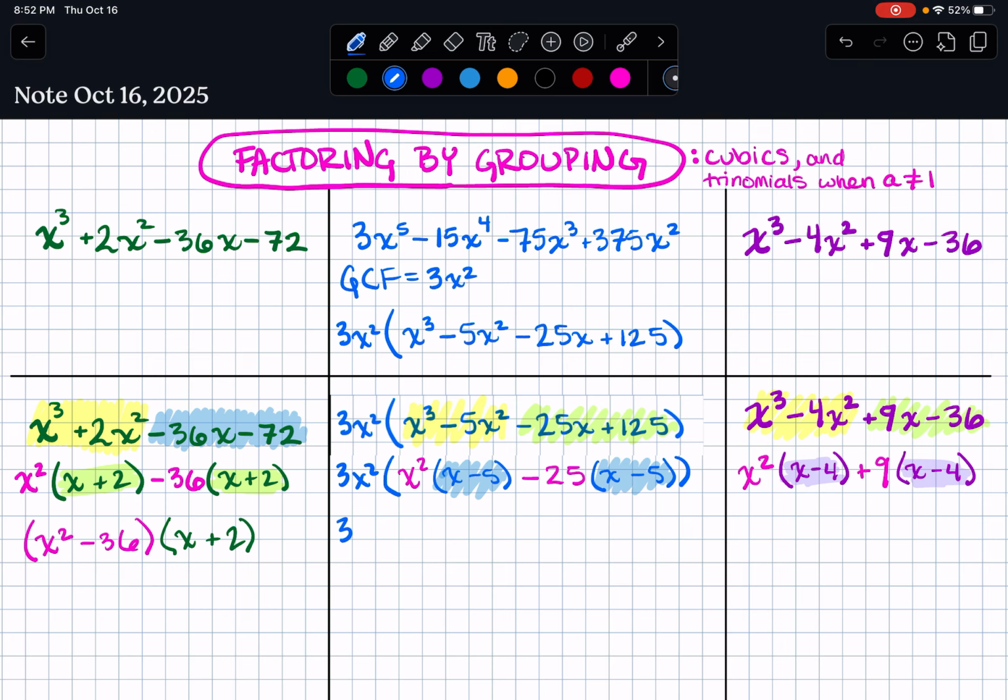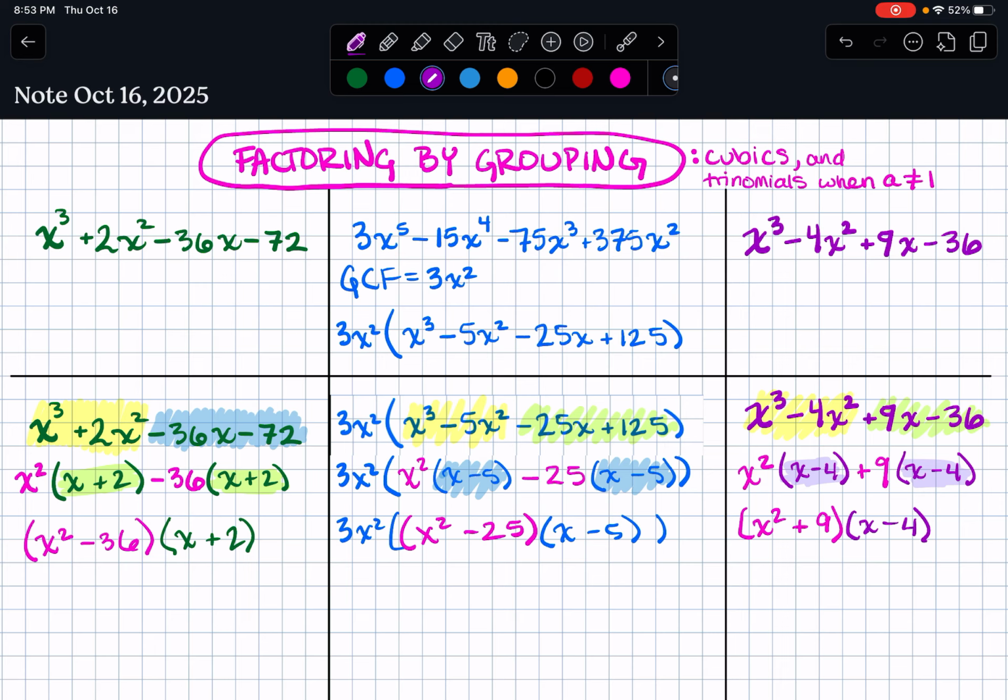So in our blue example, that guy's just going to live in the front the whole time. X squared and negative 25 are both being multiplied by x minus 5. In my purple example, x squared and positive 9 are both being multiplied by x minus 4.